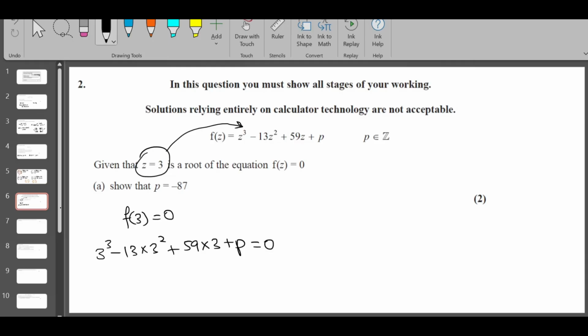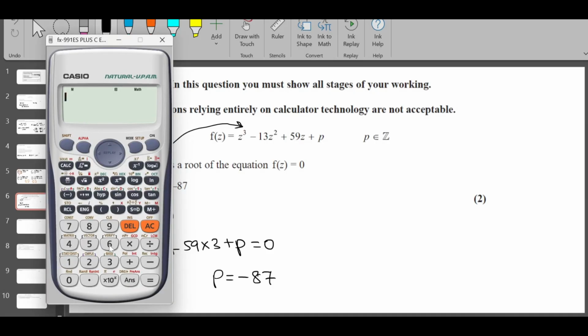And then you don't need to show any other step. You can straight away write P is equal to minus 87. But it's good to verify always. 3 cube is 27, minus 13 times 3 square, plus 59 times 3 is 87, goes to the other side, minus 87.